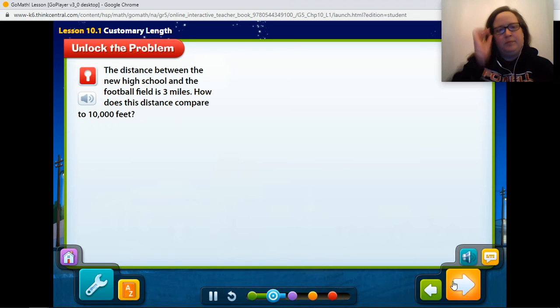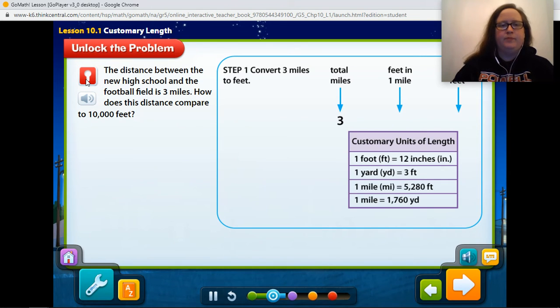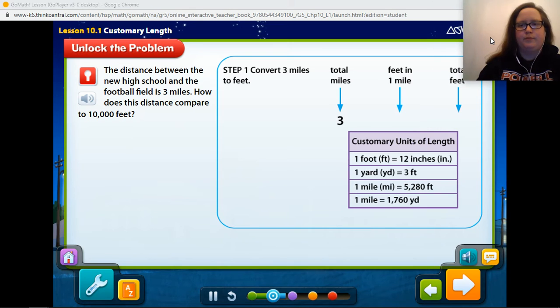Let's find the relationship between miles and feet. The distance between the new high school and the football field is 3 miles. How does this distance compare to 10,000 feet? Let's unlock the problem. To compare the distances in the problem, you need to know how many feet are in 3 miles.